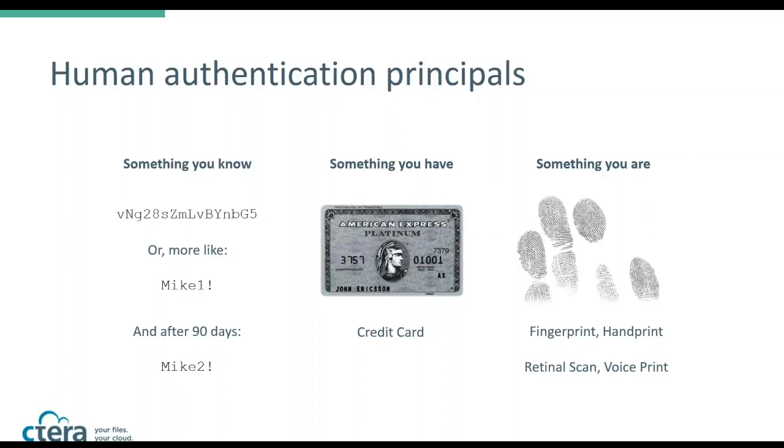Now, we can take these human authentication principles and we can apply them onto data and data security in specific. So data security and its principles are not that far away from what you can see here.